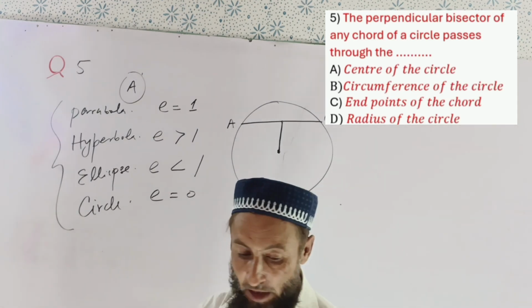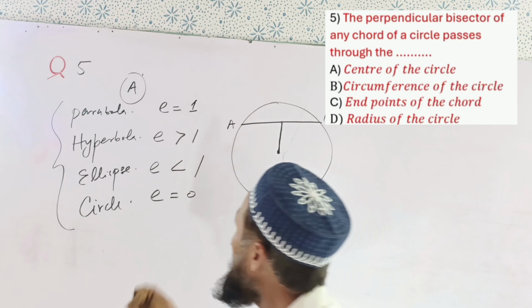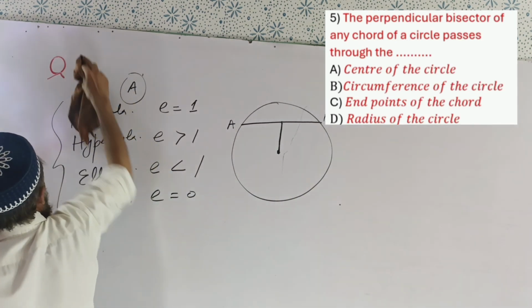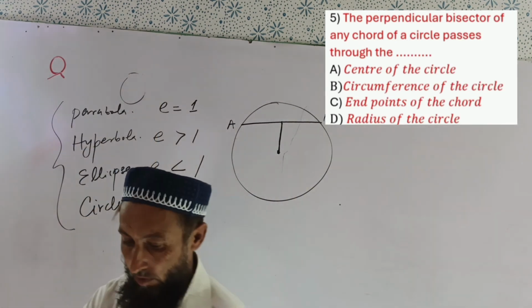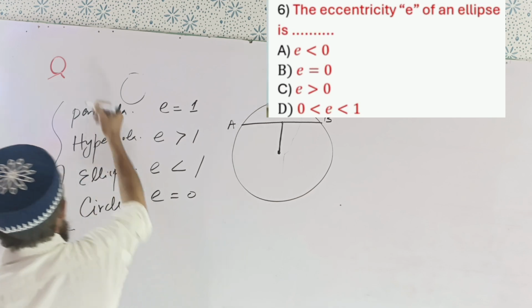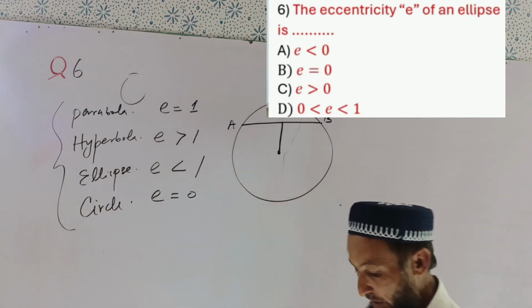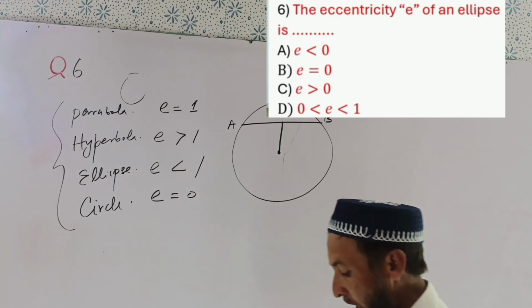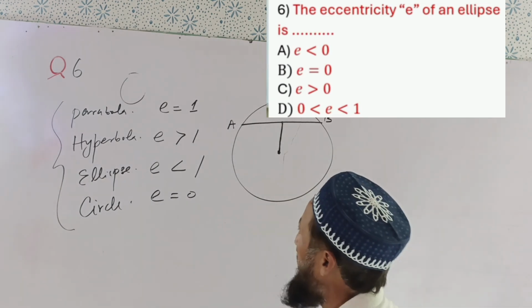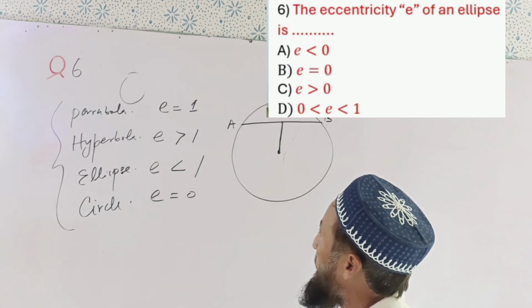Similarly, question number 6: the eccentricity E of an ellipse is, we have already defined in the previous question.